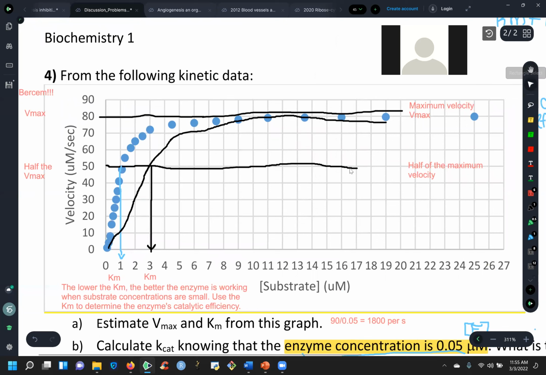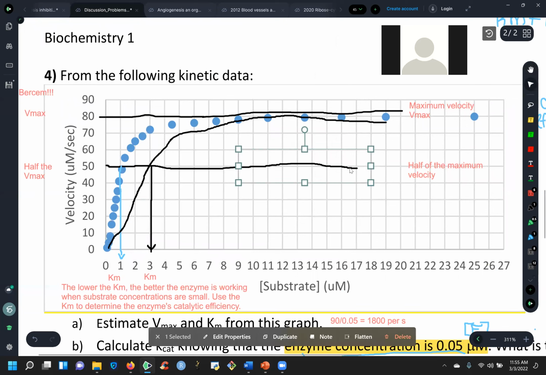So let me see if I can just erase that. Let me delete it. Okay, it's not letting me. Do I have an eraser? Yeah, right here. Okay.